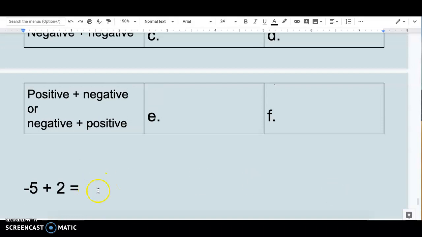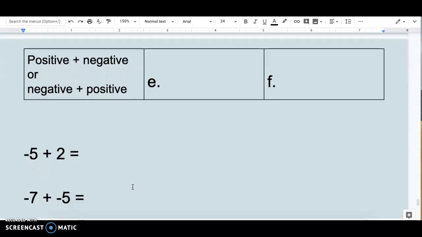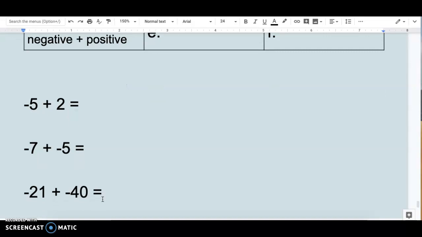So then we have some examples. Just choose the correct answer. What is negative 5 plus 2? What is negative 7 plus negative 5? What is negative 21 plus negative 40?